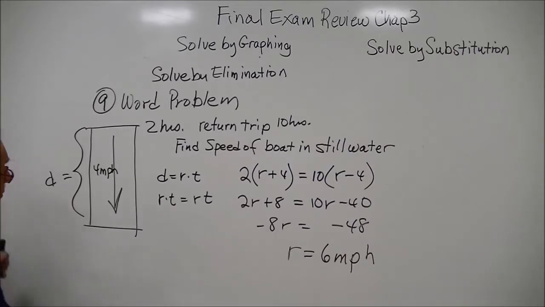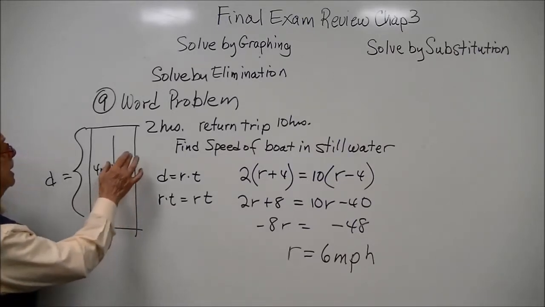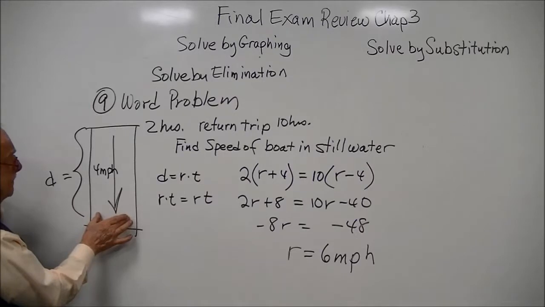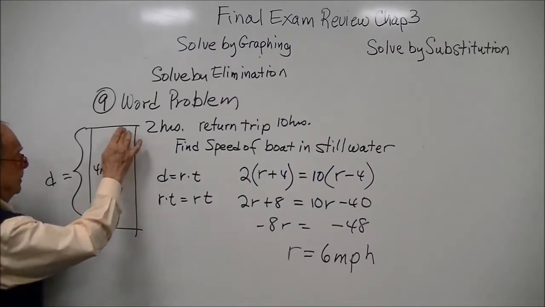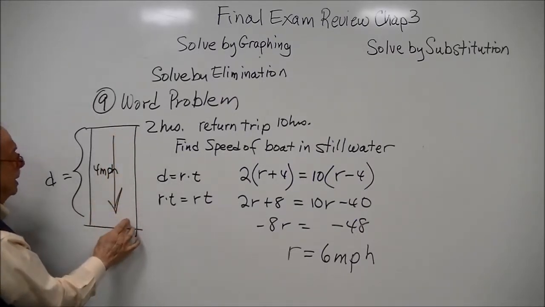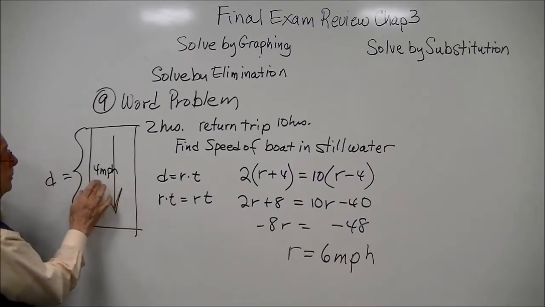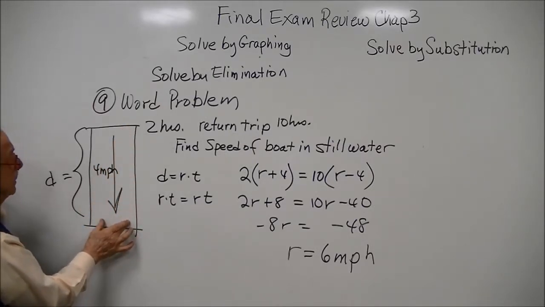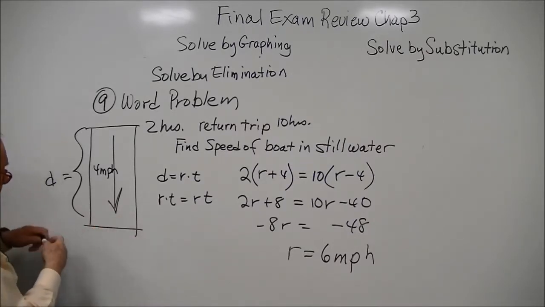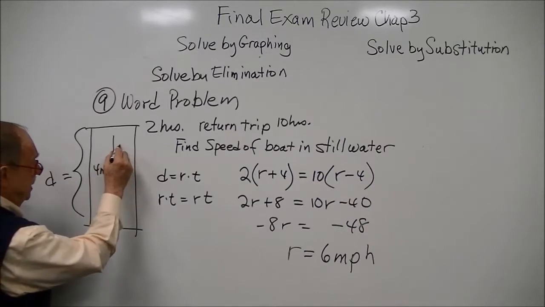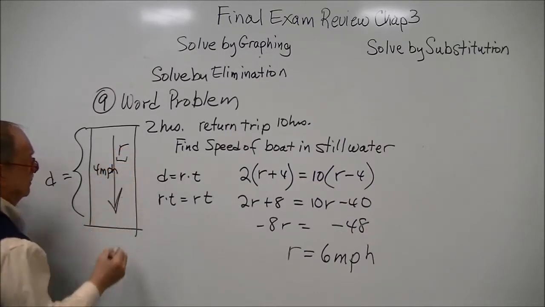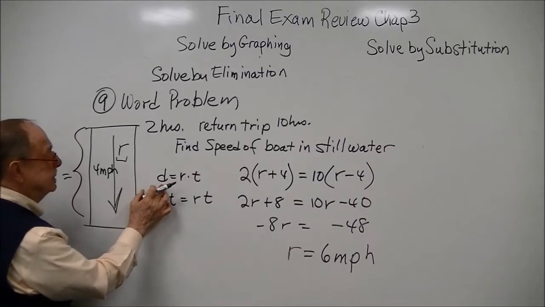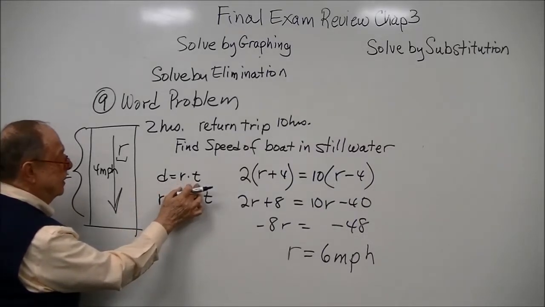Here's a fella in a boat, and they're in this river, and he's going downstream, in which the current of the river is 4 miles per hour, and it takes him 2 hours to complete this trip. Now, what we don't know is the rate of the boat. That's our unknown. And we're using the formula distance equals rate times time.